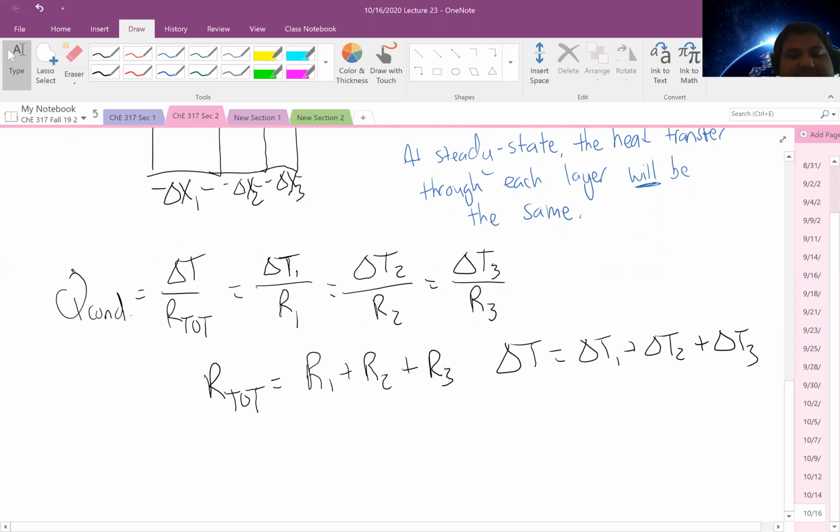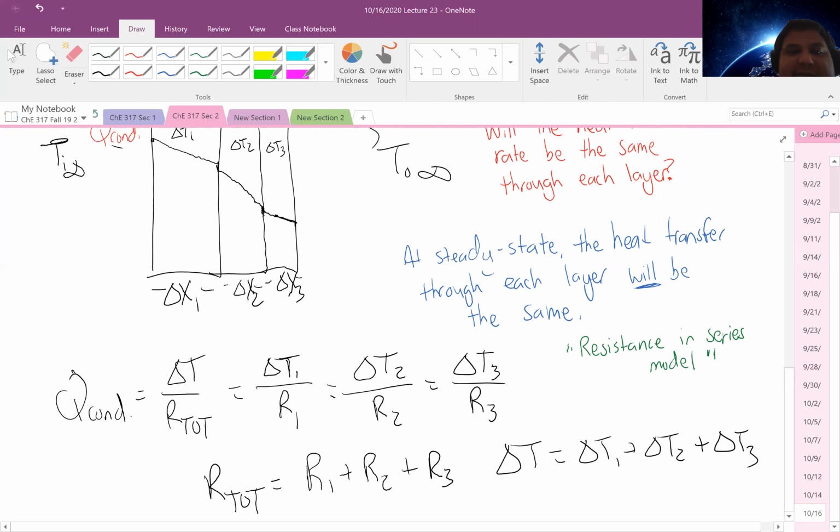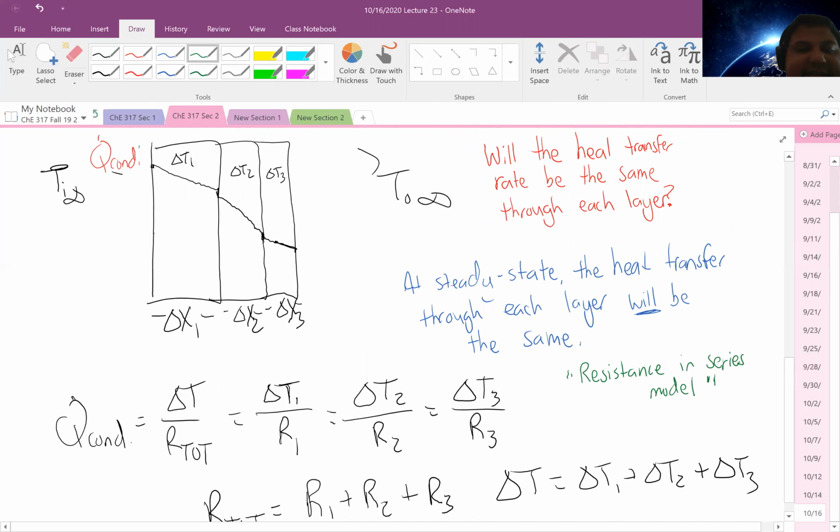And this is an application of what's known as a resistance in series model. We call it that, as you might recall from physics, because we can essentially equate this to resistors in a circuit, such that the total resistance is just the sum of each individual resistance.